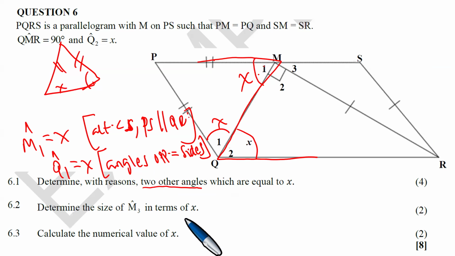Determine the size of M3 in terms of X. What is M3? This one. It has to do with 90 degrees. I agree with you.